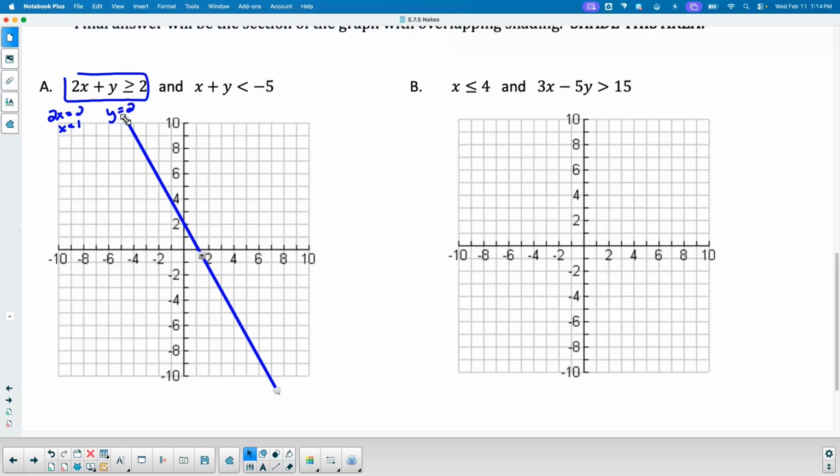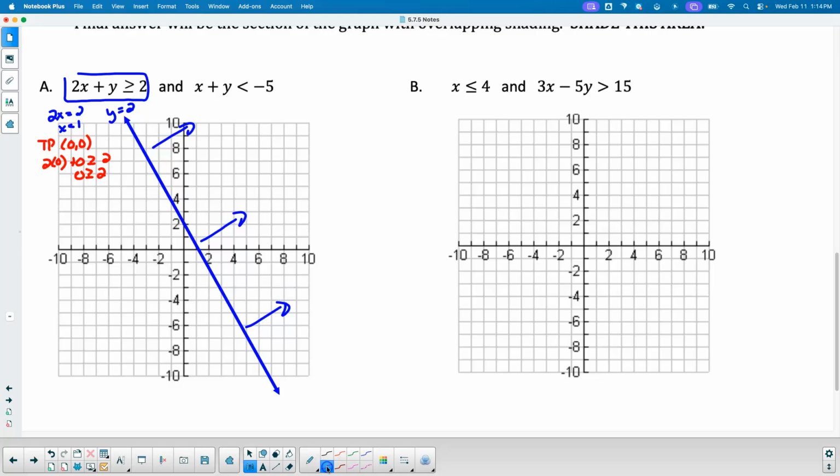Didn't go through the origin. 2 times 0 is 0, plus 0 is still 0. 0 is not bigger than 2. So we're on that side of the line.